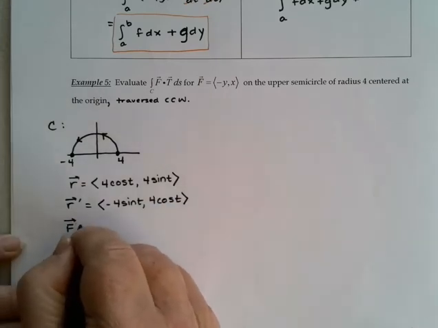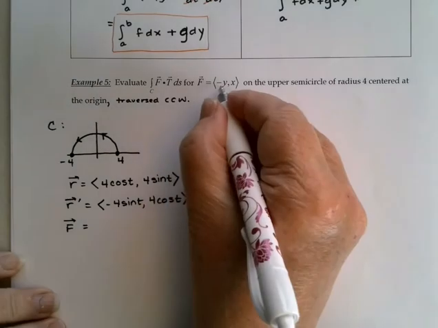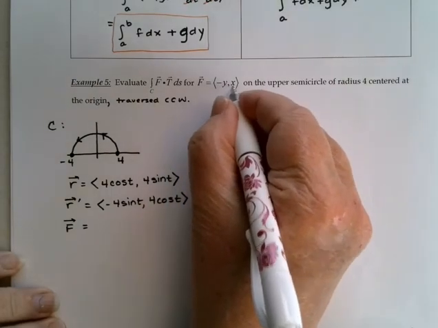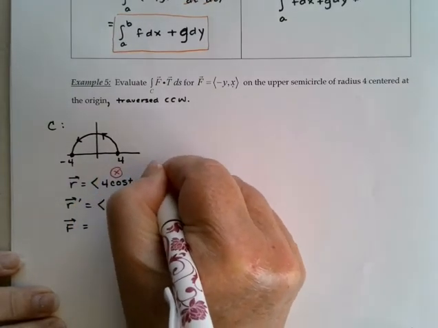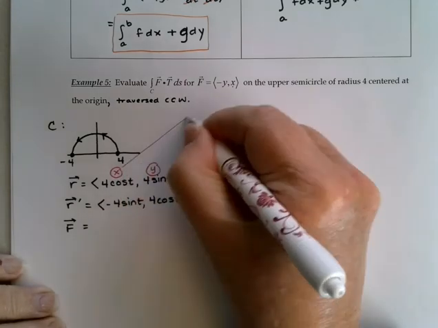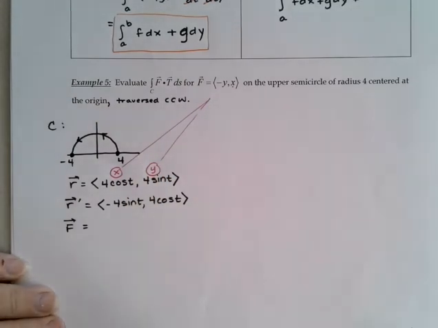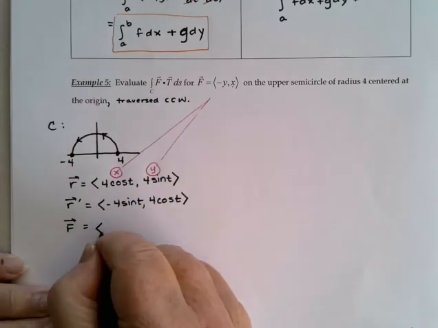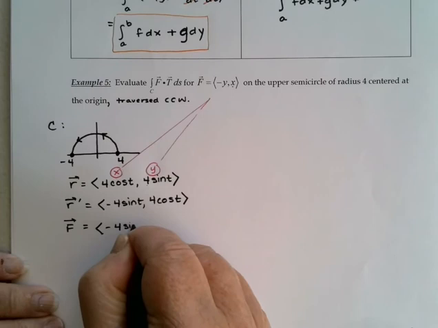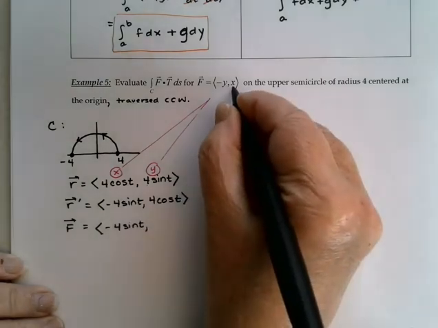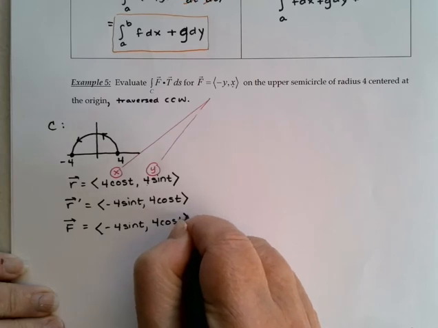And I can also write the F. Remember that F is minus y comma x. And as soon as I've defined the r, I've defined the x and the y. So I'm just going to plug those in to that F. Minus y comes first, so that would be minus 4 sine t, comma x comes second, that's 4 cosine t.